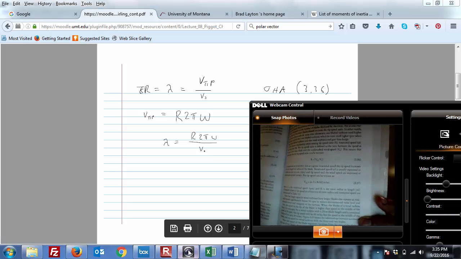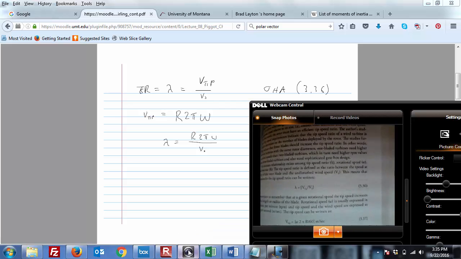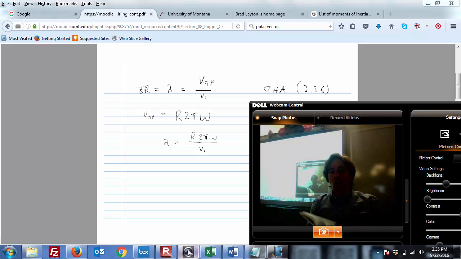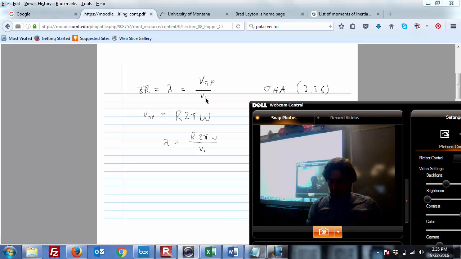This is JAW 336, and there's lambda equals V tip divided by V naught. So that little symbol right there is a 0, and that's just the speed of the wind. So there you go. An intimate relationship exists among tip speed ratio, rotational speed, and rotor size. The tip speed ratio is defined as the ratio between the speed at the tip of the rotor blade and the undisturbed wind speed.